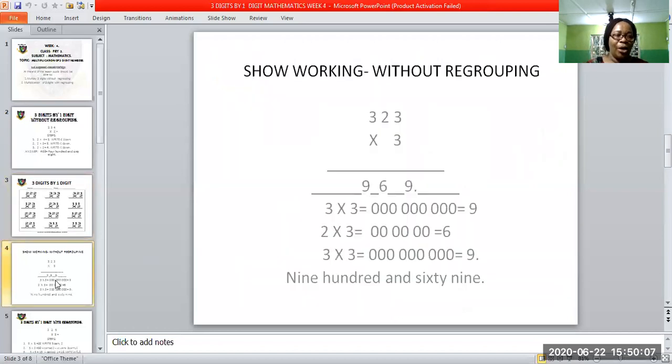Let's show the working. When you're given three digits to multiply, note the arrangement. The arrangement of this sum is very important to learning.